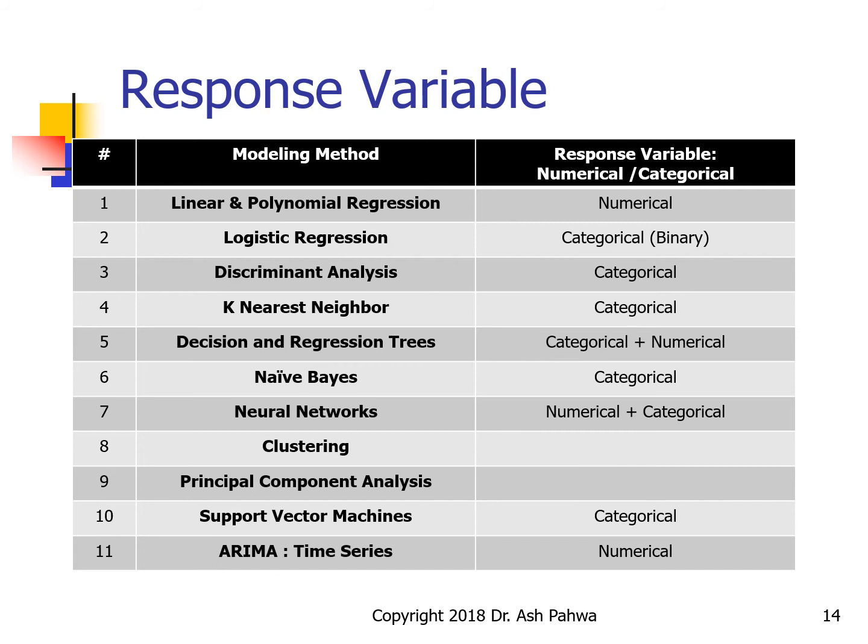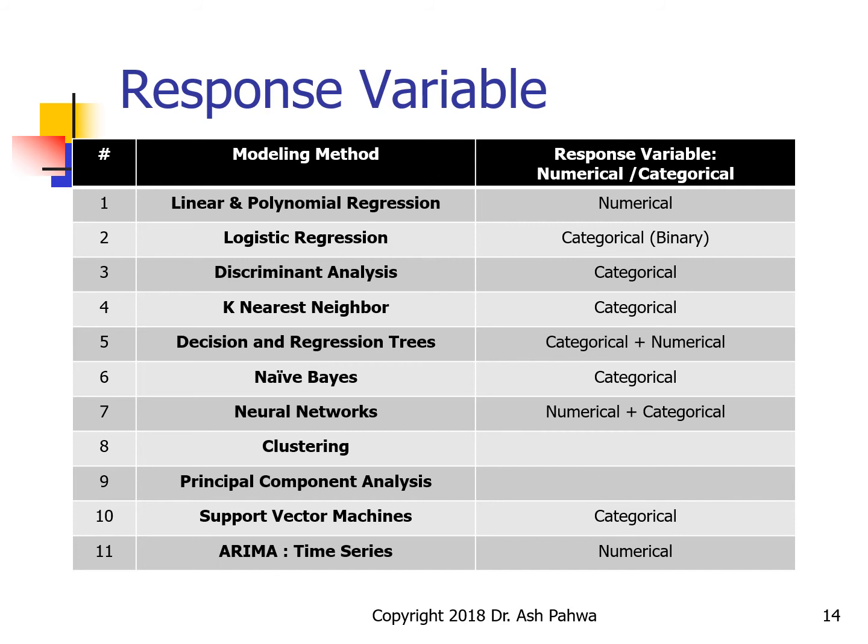If your response variable is numerical, then the best way to solve that problem is to use regression. We are going to study regression in quite some detail. We can do linear or polynomial regression. Neural networks can be used for both categorical and numerical. And ARIMA, which is a time series method, is also used for predicting a numerical response variable.